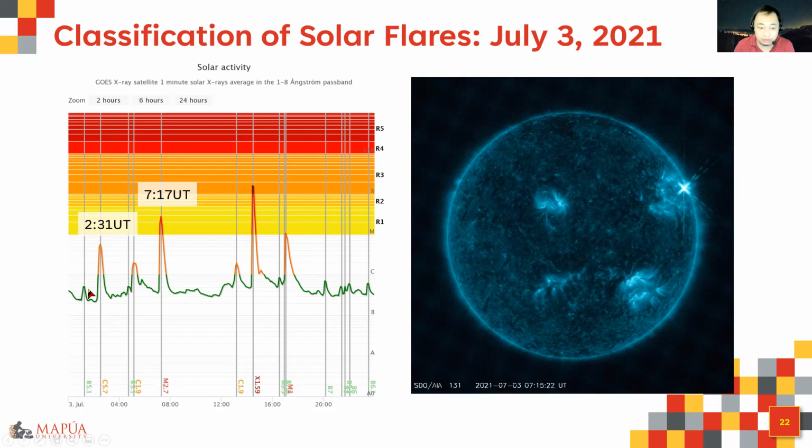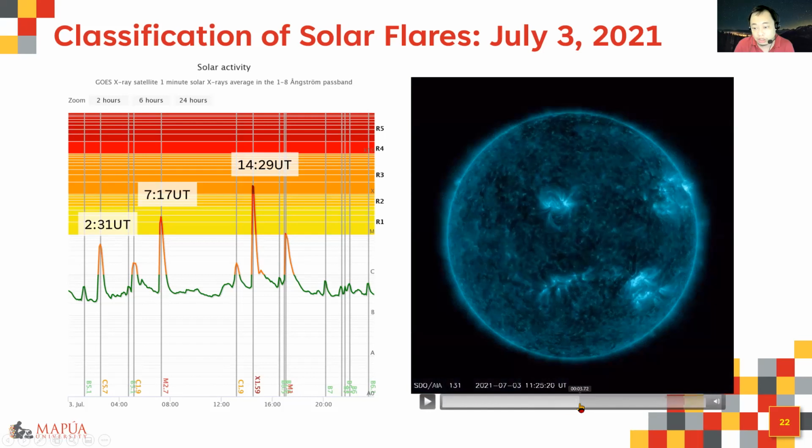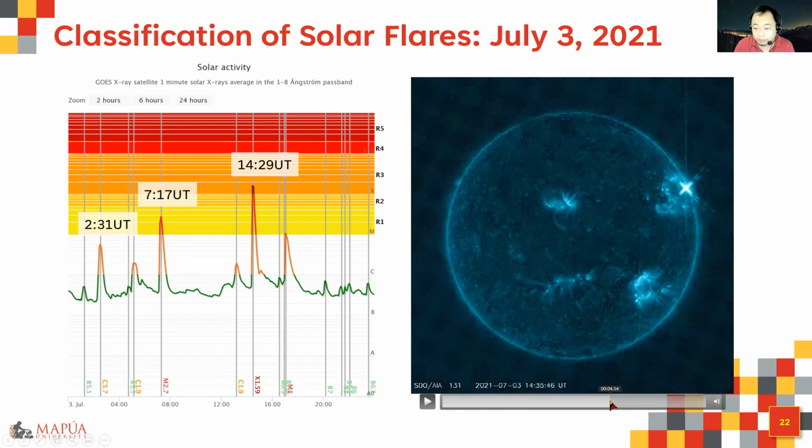The largest of the series happened at 14:29 UT. That's an X1.59 flare, so that's 1.59 times 10 to the negative 4 watts per square meter. And that happened around 14:30 UT.